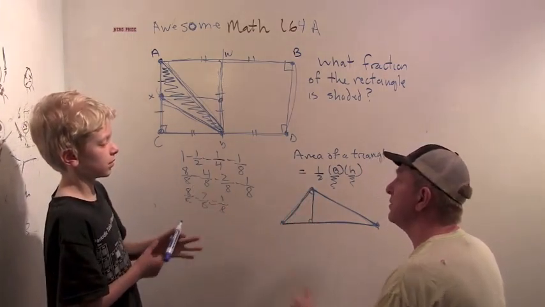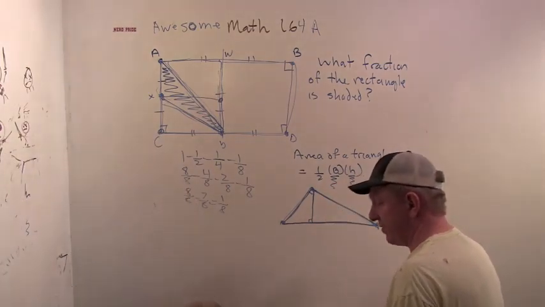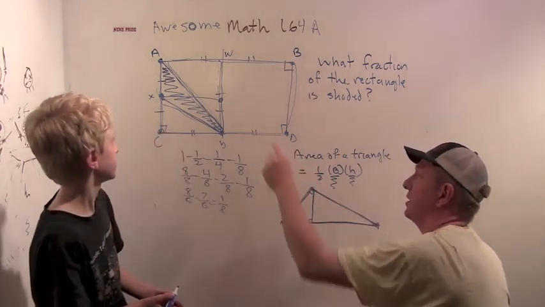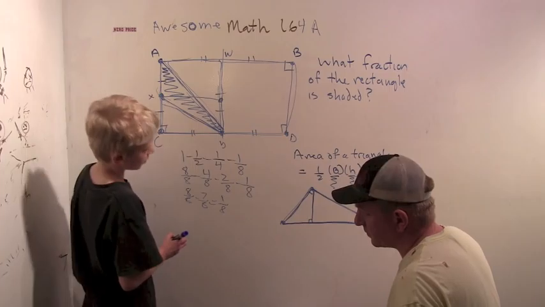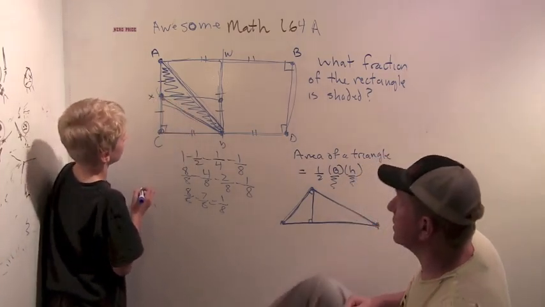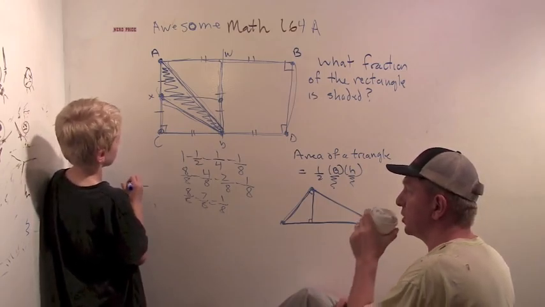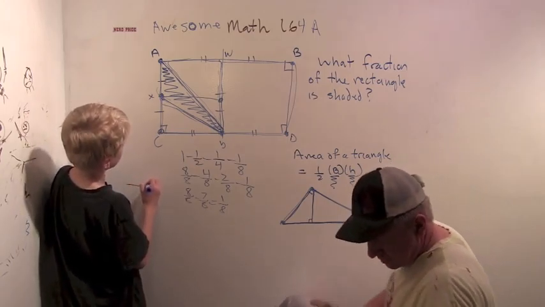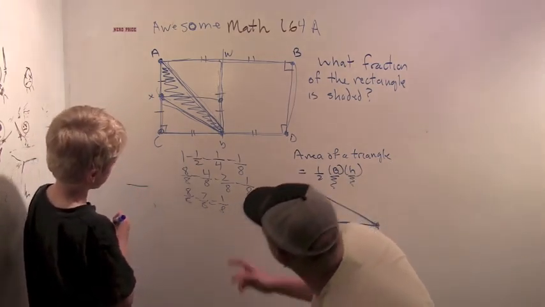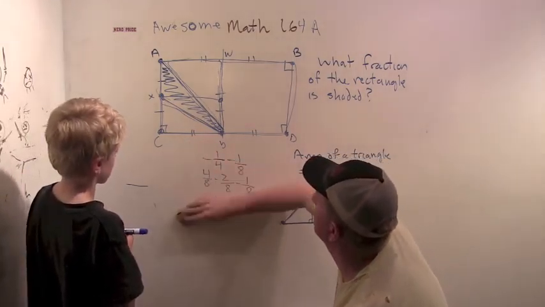Okay. So can you apply this idea, 1/2 base times height, to that triangle AXY? Well, first we can draw AXY. Let me give you a little more room to draw. We'll remember that you found the area was 1/8.